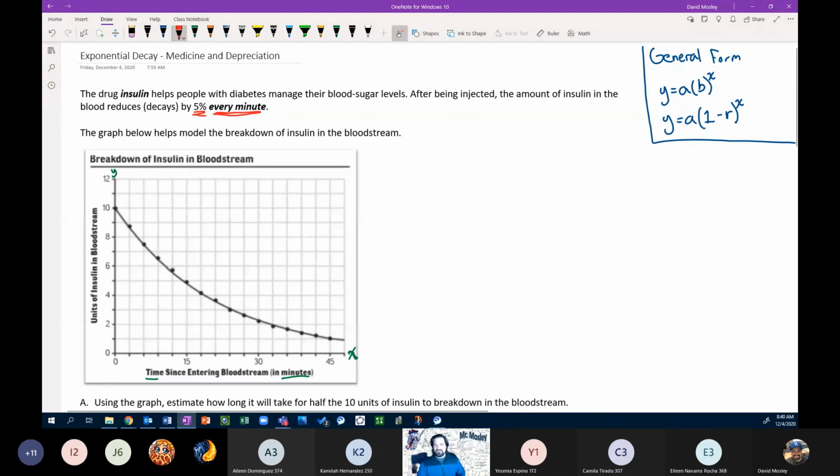And how do you know it's 10? Yes, it's on the y-axis. It's our y-intercept, so this is our start value.